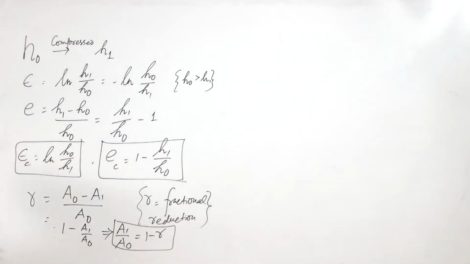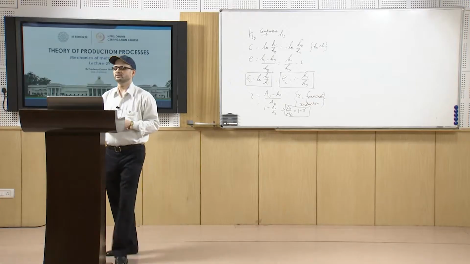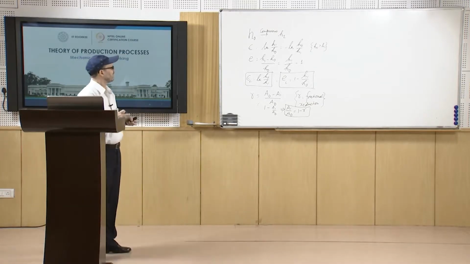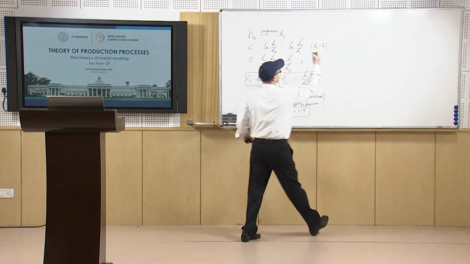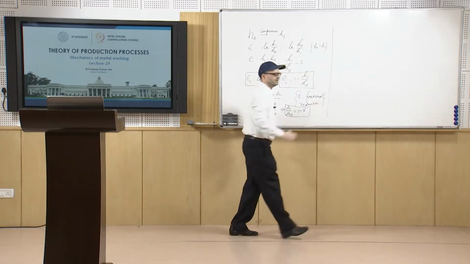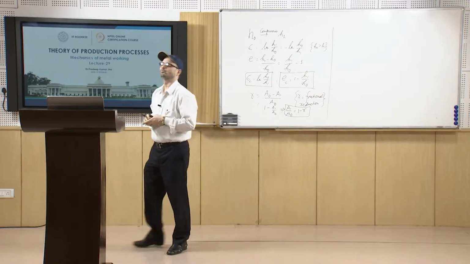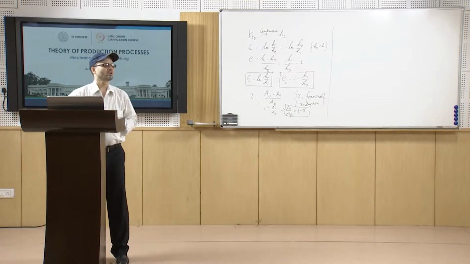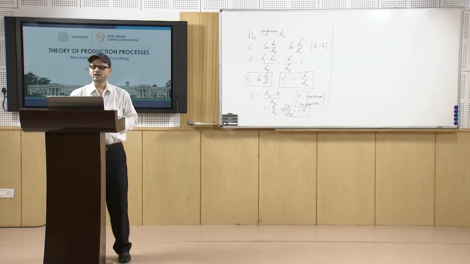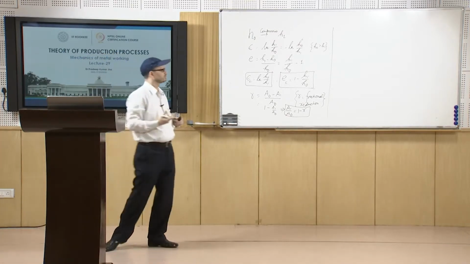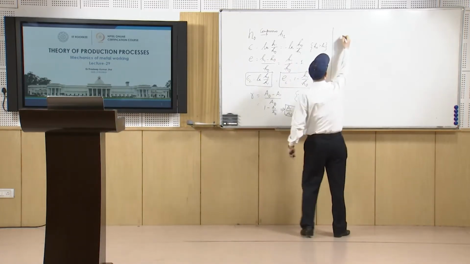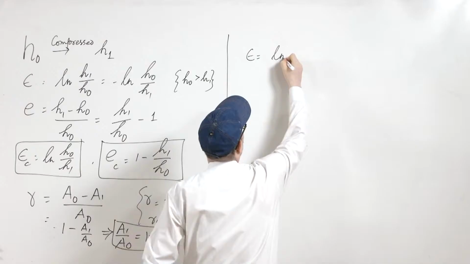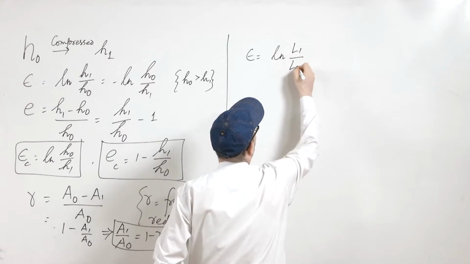This relationship will be coming up frequently when we discuss these values. Now if you look at the true strain value, it will be ln of L1 by L naught.